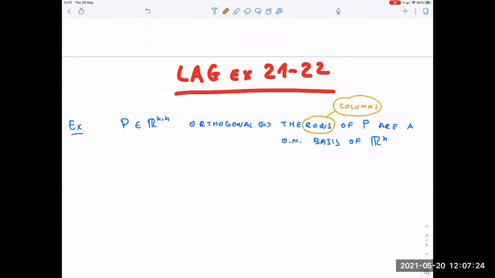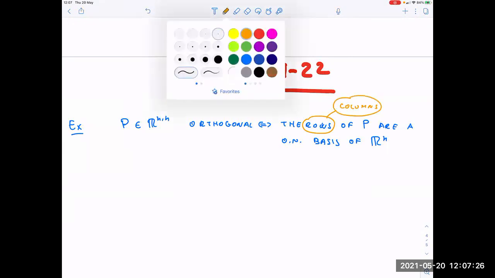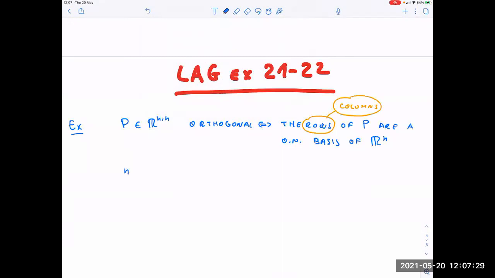Okay, so let's see how you can do this. For example, I suggest you try for n equal 3 and see that it is true, and then we try to extend it for any n. So I just want you to play a little bit with this very quickly and tell me what you believe to be the way to do this. So, orthogonal if and only if the rows and the columns are an orthonormal basis of the appropriate space.